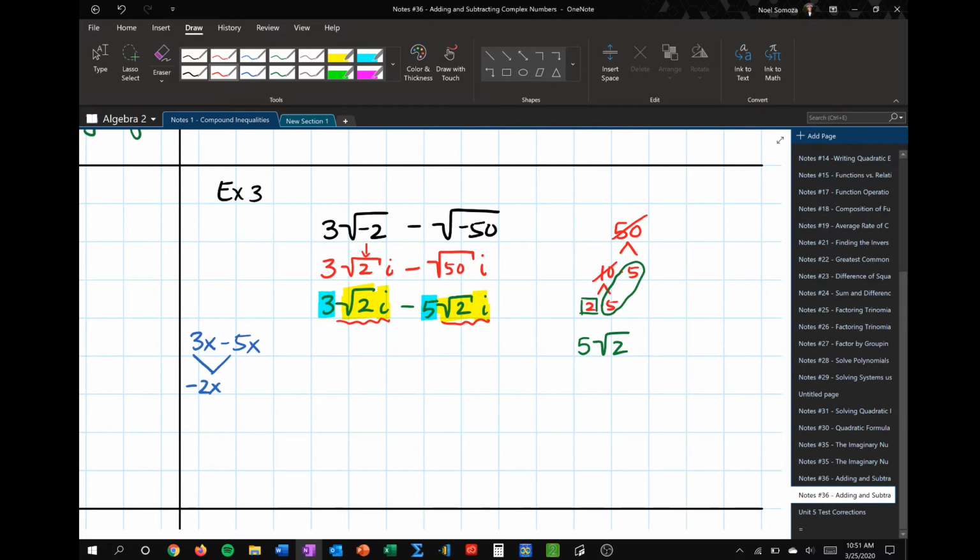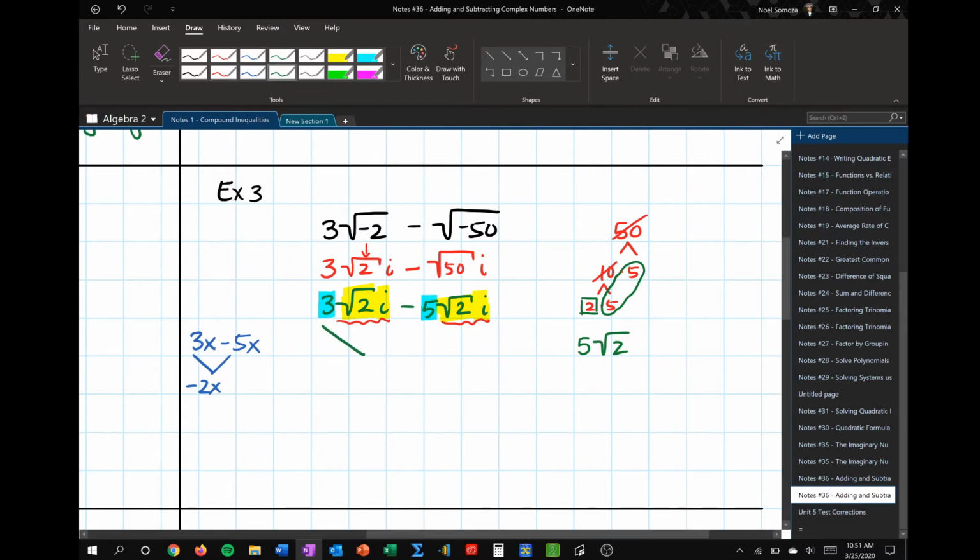If they both have the same one, then you can combine these coefficients together. So 3 minus 5 would give you negative 2. The same way that you would drop the x because that's what they had in common, you drop what they have in common, which is the square root of 2i. That does not change.